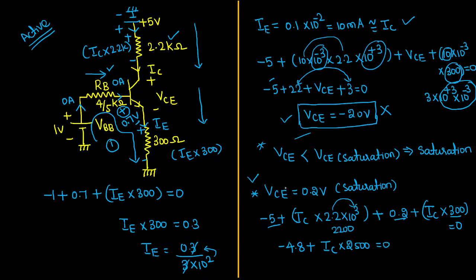Pass this minus 4.8 to the right hand side, such that we can write 2500 into collector current IC equal to 4.8. Now, if you take the ratio between 4.8 upon 2500, what you will be getting?